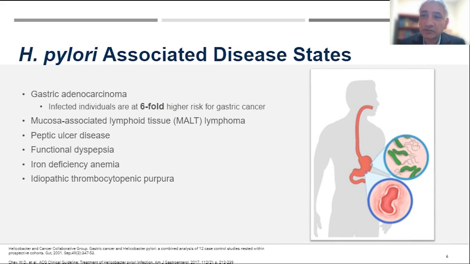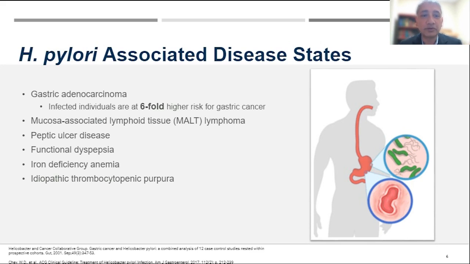H. pylori, as we discussed, can cause a chronic inflammatory state, and various disease states can emerge from this chronic state of inflammation. There is a known association and indeed causal association between H. pylori infection and gastric adenocarcinoma. We know that individuals who have H. pylori infection have a 6-fold higher lifetime risk of developing gastric cancer.